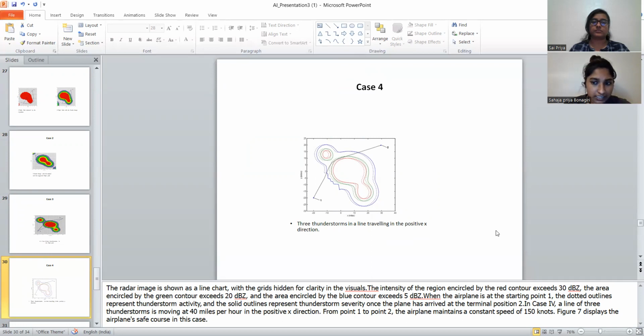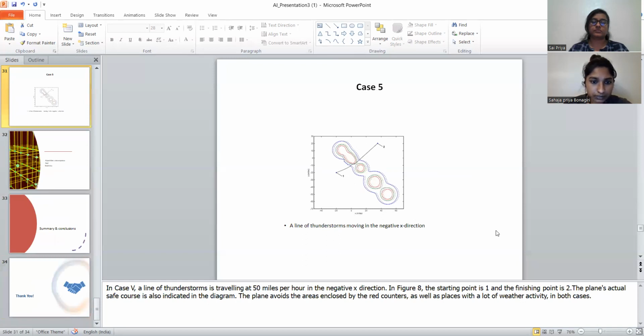When the plane is at the starting point 1, the dotted line shows thunderstorm activity, and the solid line shows how bad the storms are. And when the plane reaches the endpoint 2, there are 3 thunderstorms in a line moving at 40 miles per hour in the direction of the positive x in case 4. Next slide.